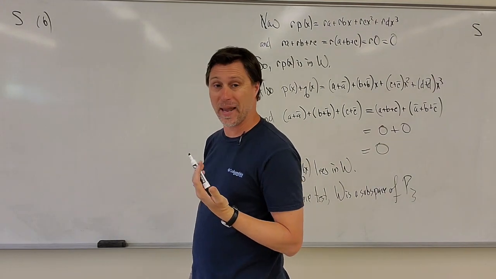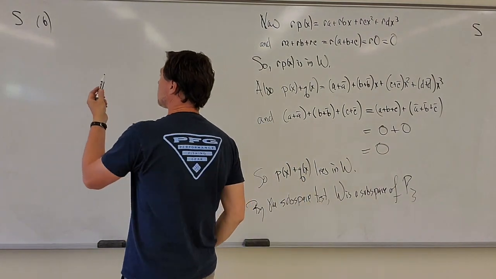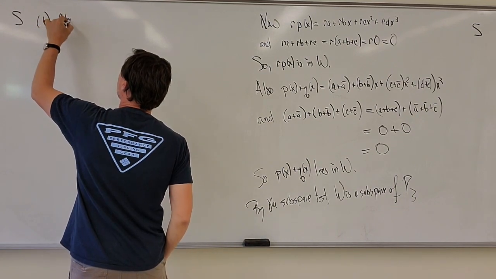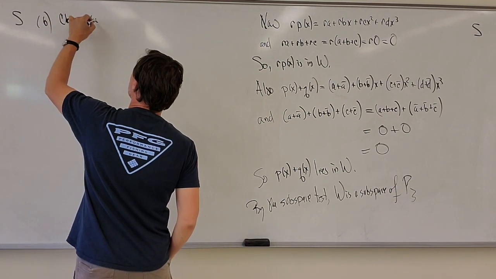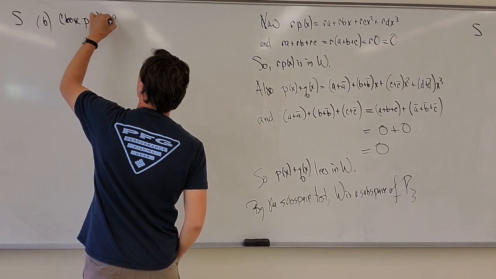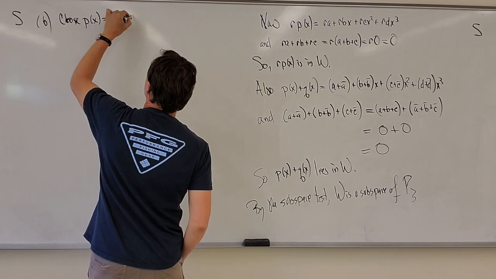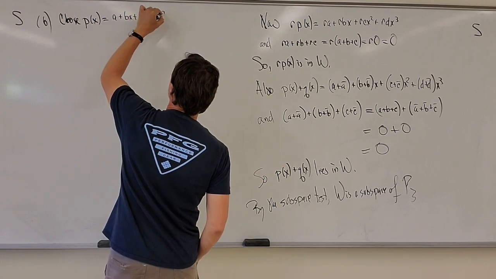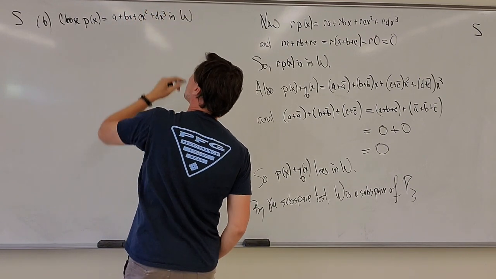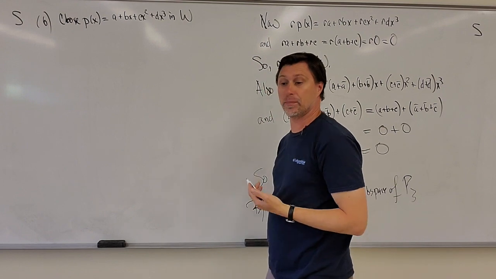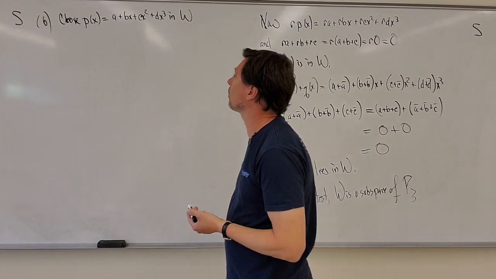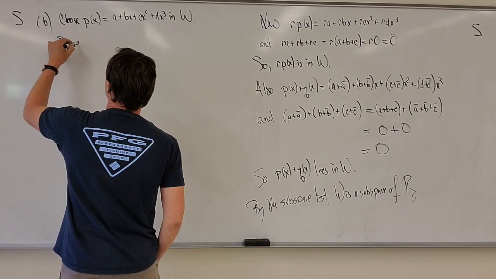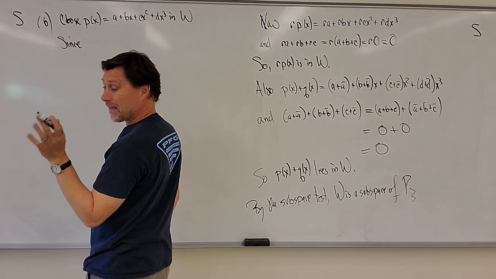Okay, so now let's do part B. We want to find a spanning set for our subspace W. So let's choose P of x equal to A plus Bx plus Cx squared plus Dx cubed. We want to choose an arbitrary polynomial in capital W. One thing we know is that A plus B plus C has to equal 0.